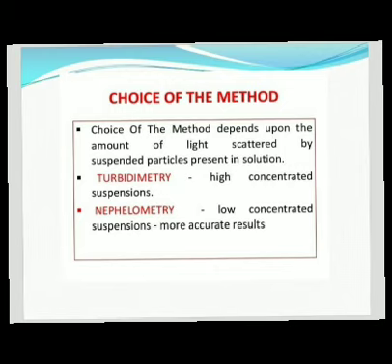If the dimension of the particle is smaller than the incident rays, then we use nephelometry. So in nephelometry, one main condition is that the dimension of the suspended particle is smaller than the incident rays.